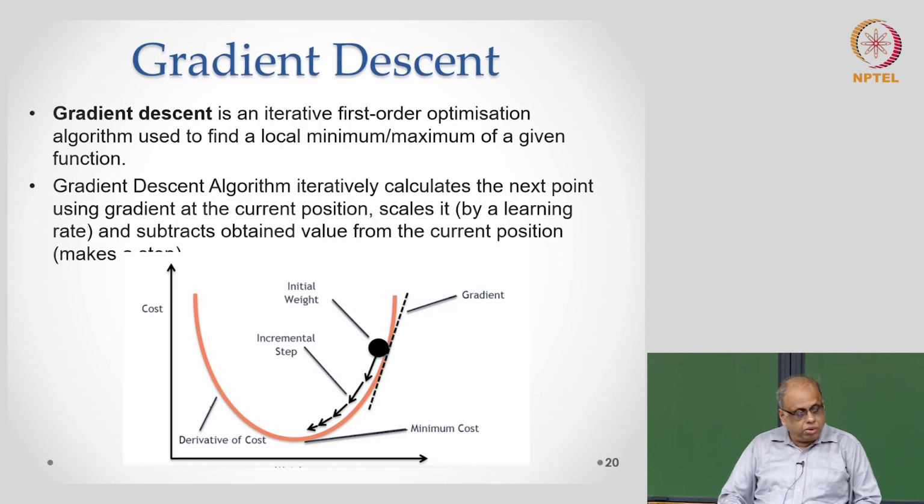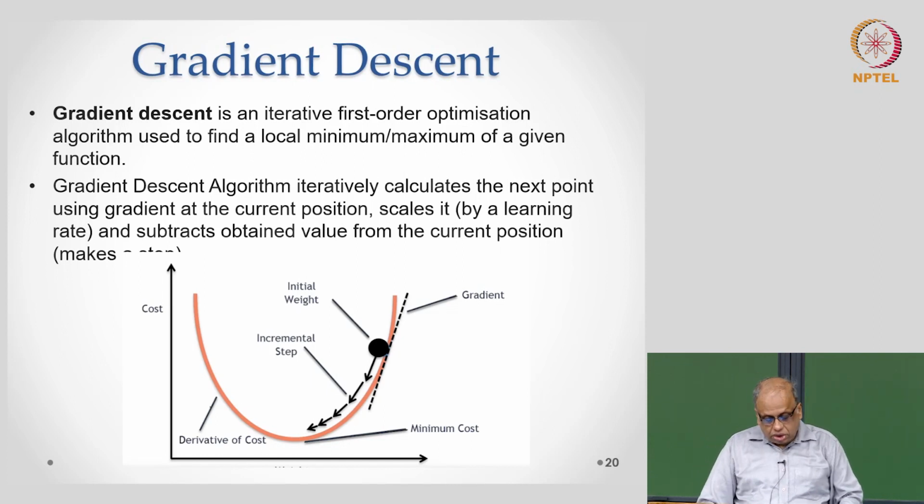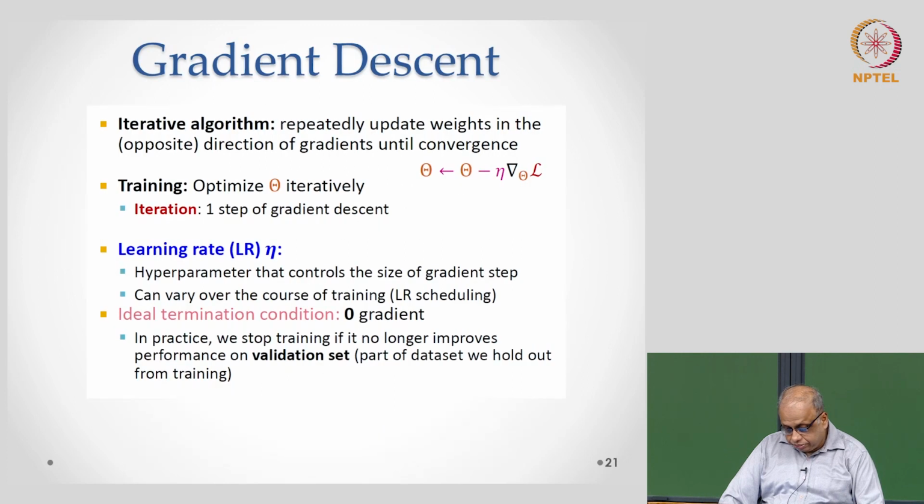You try to adjust the weights so that you can go down and down. Gradient descent iteratively calculates the next point using the gradient of the current position, scales it by a learning rate, and subtracts the obtained value from the current position. So it tries to go down this gradient so that you can come to the lowest minimum cost function.